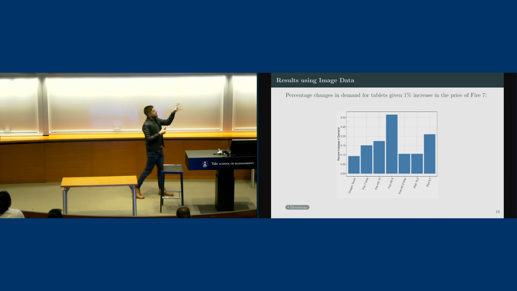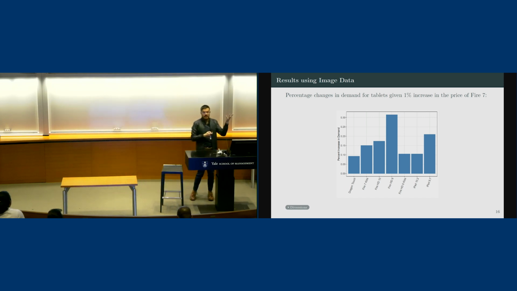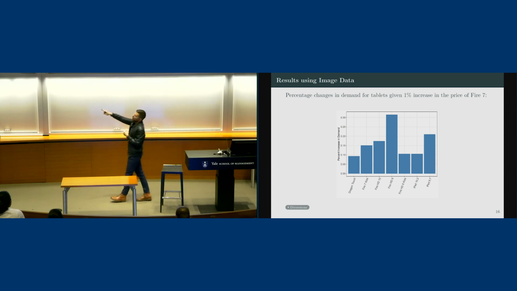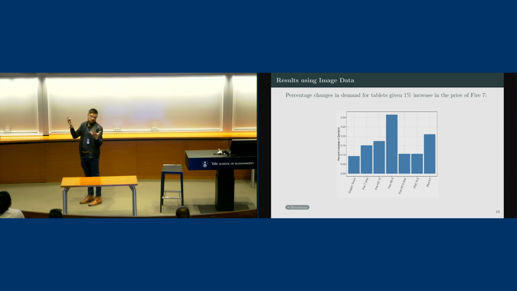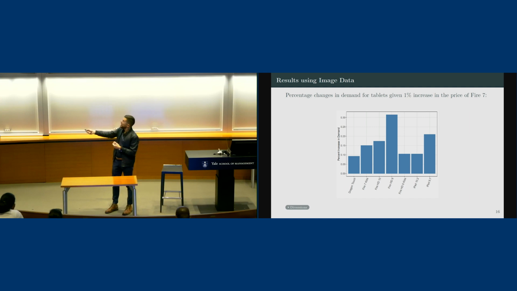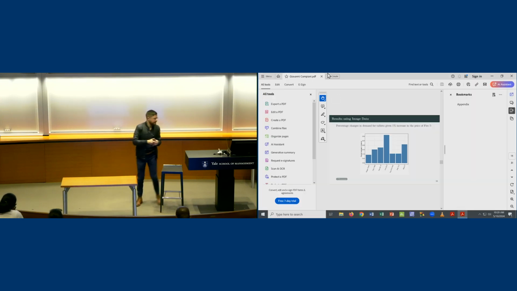Well, here we're getting something that's starting to look more realistic, right? So what happens if the price of Fire 7 goes up by 1%? All the demand for the other products goes up, which is what we would expect, but they go up to differential degrees, right?